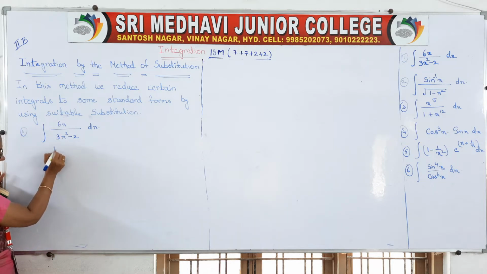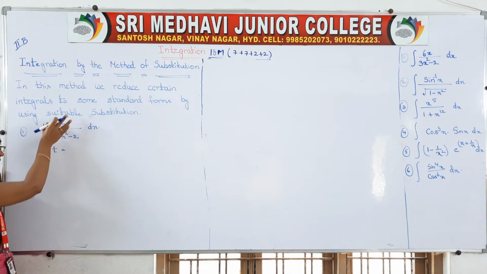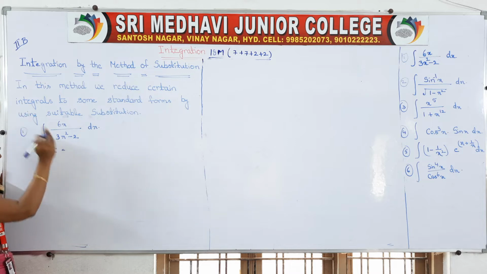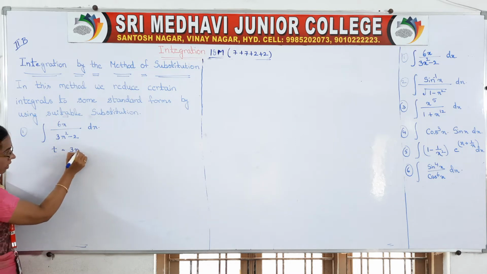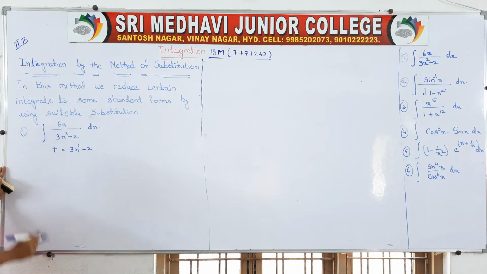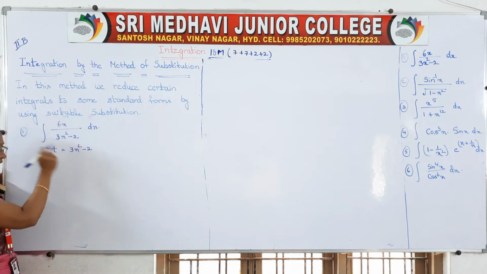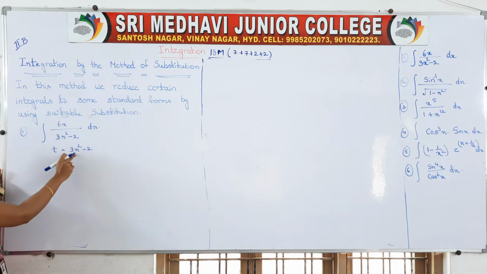How? See, here in this substitution method we will take t equal to one of the values of the problem. So we are taking t = 3x square minus 2. Here you can ask one question: why have you taken 3x square minus 2, why not 6x? Right? I will show you why I have taken this one.